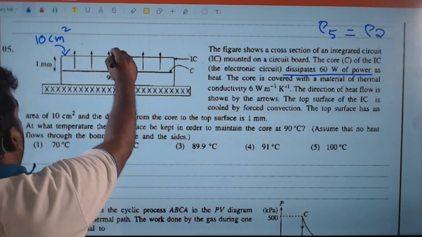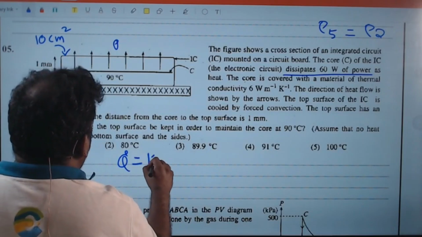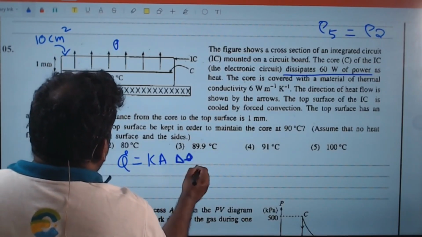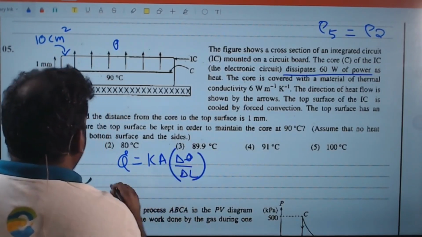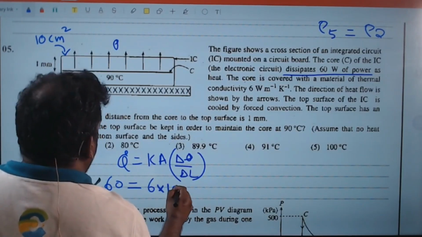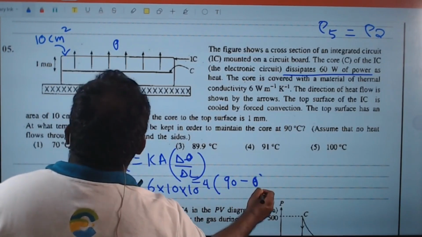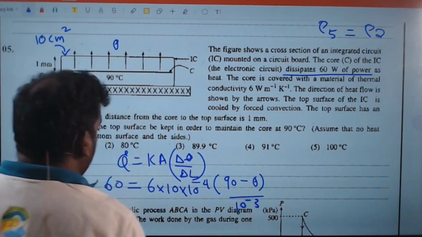So this theta, right. So Q dot is equal to K A delta theta over delta L. 60 watt. K is 6. Area 10 centimeter squared, convert to meter squared. 90 minus theta, 1 millimeter. There you go.